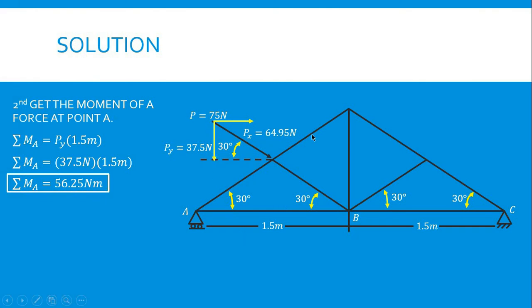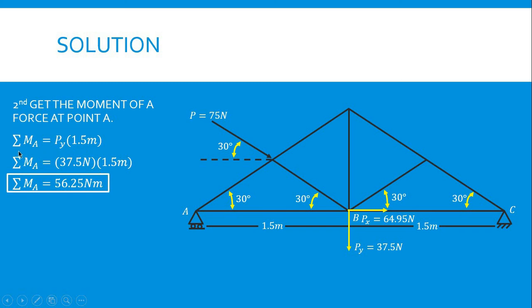We need to get the moment of the force at point A. So as we can see, Py is equal to 37.5 Newton and Px is equal to 64.95 Newton. And by using the principle of transmissibility, we could transfer this Py and Px to the point B as shown in this illustration.